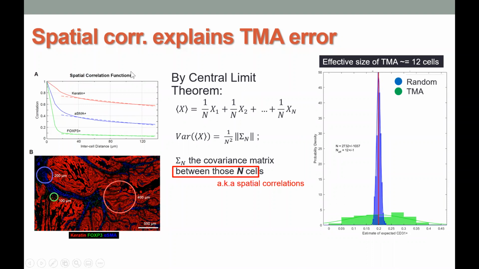By using that theory, we can see how much random sampling differs. Here, random sampling means you take all the sections, extract all the single cell data, and sample without any spatial information.